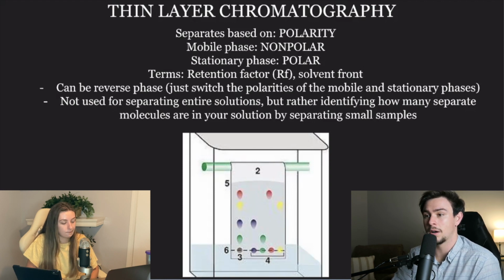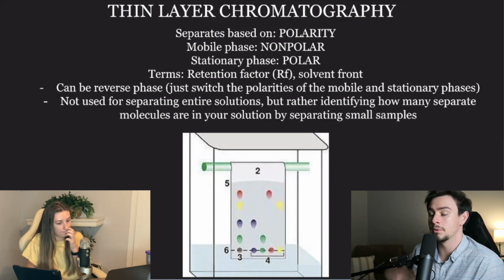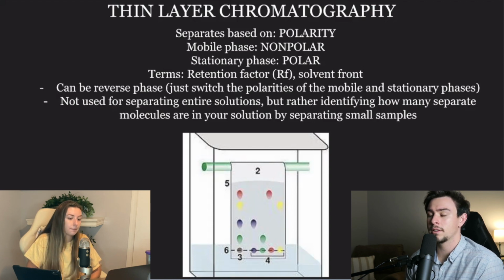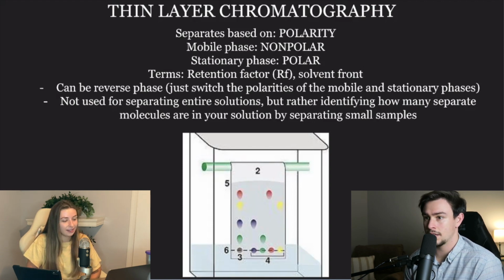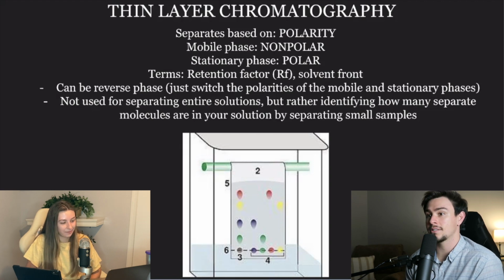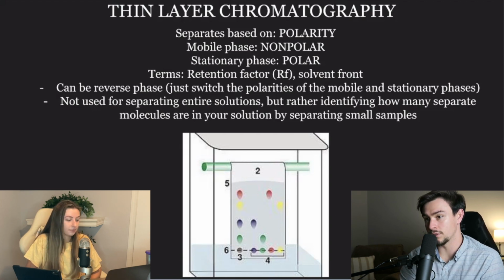Gray at the bottom, right above 3, would have been a mixture of all of them, and it would actually separate out into the 3. It would stain specific dots at each of the 3, and that would be the specific components of that mixture. So it's a really cheap way, and that's one reason it's so popular in the chemical field. It's super easy to do thin layer chromatography. But I think you did it well.